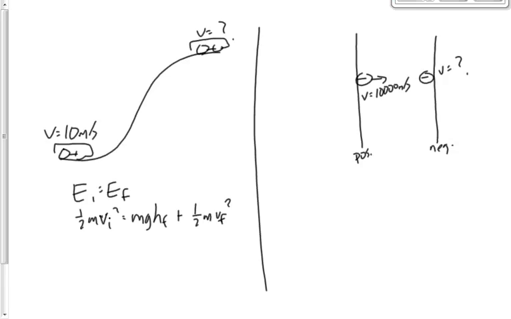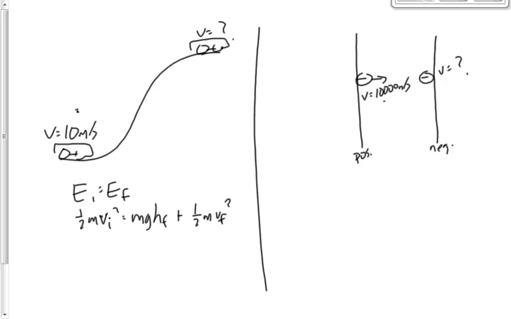Does the negative particle want to go to that plate? No. Just like this car doesn't want to go up the hill. The only way this car is going to get up the hill is if it's got enough initial speed to essentially have inertia overcome gravity. The only way this negative particle is going to get across this gap is if it has enough initial speed to overcome the electric field. It doesn't want to make it across, but it might because it has enough initial inertia.